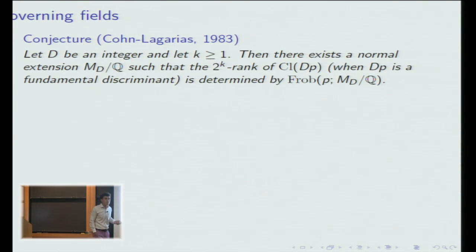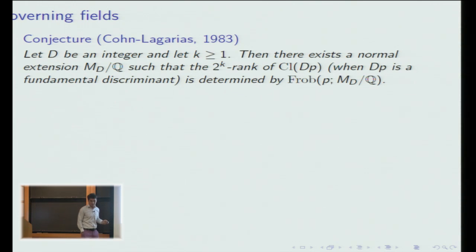Yes, the 2 to the k rank is determined by the Frobenius conjugacy class. The number of p for which the 2 to the k rank is equal to a particular integer has a density by the Chebotarev density theorem.